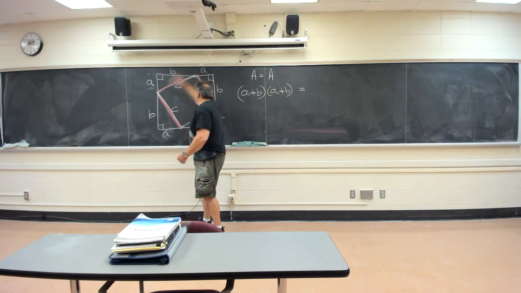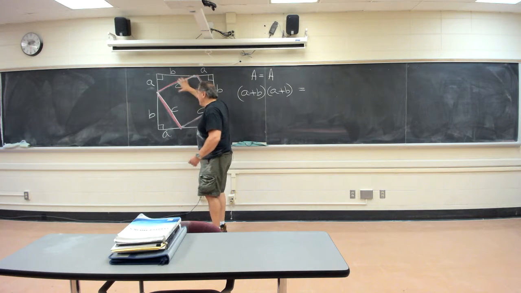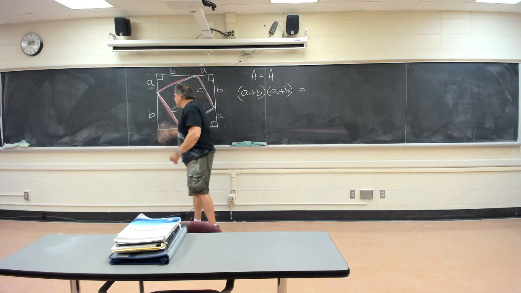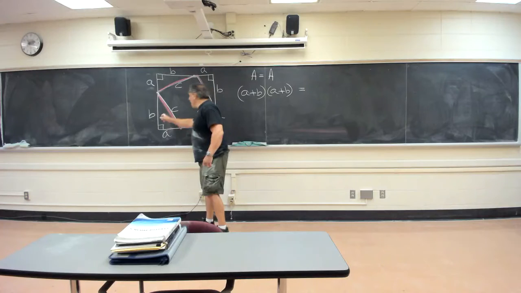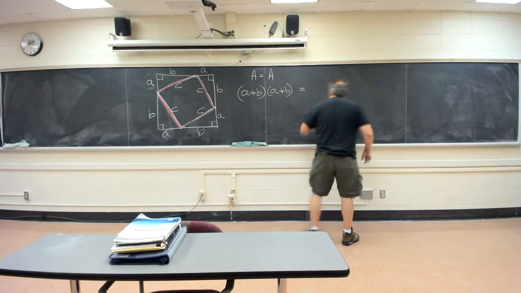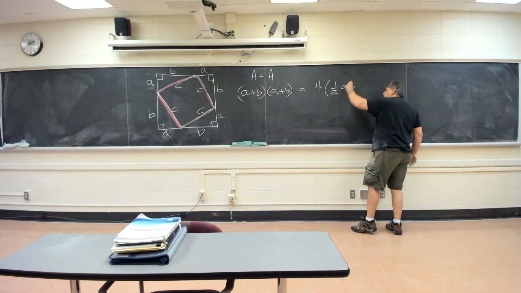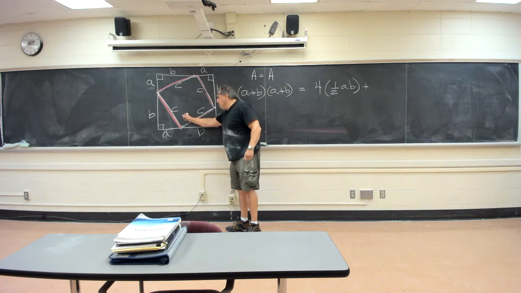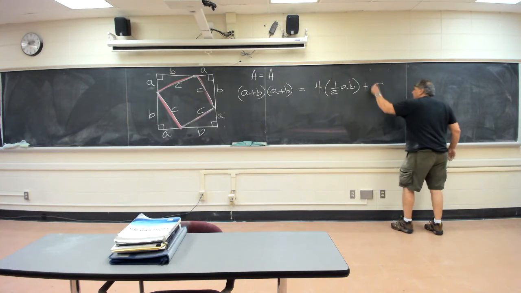The area of the whole entire figure is the area of this great big square, which is length A plus B times width A plus B. And each one of these, 1, 2, 3, 4, there are 4 triangles, each with area one half A B. And there's a relatively big square, smaller than the square on the outside.